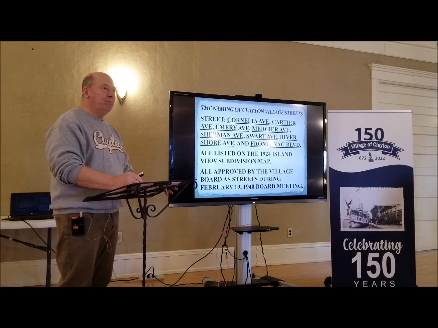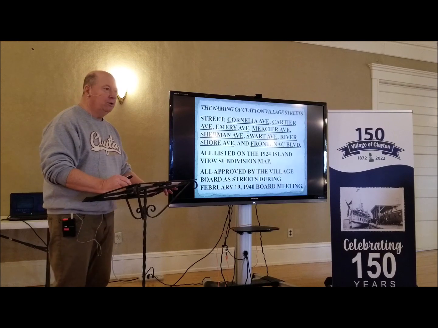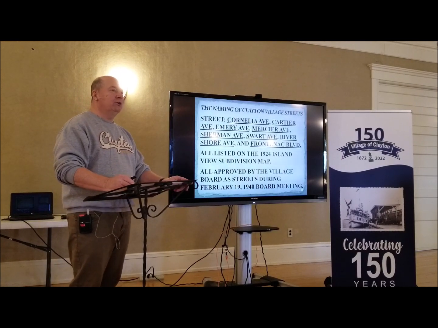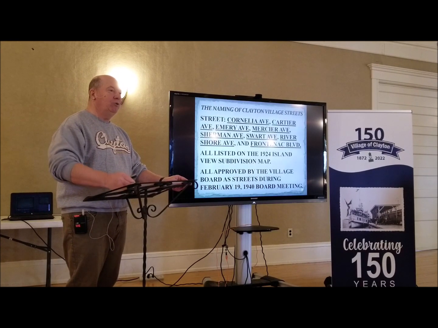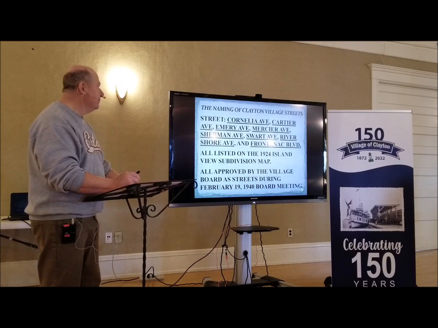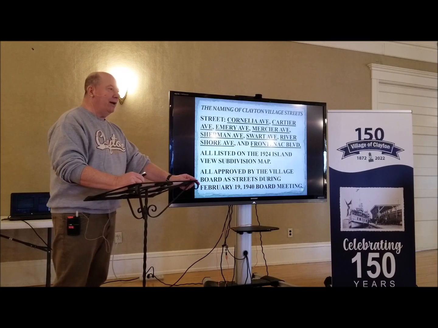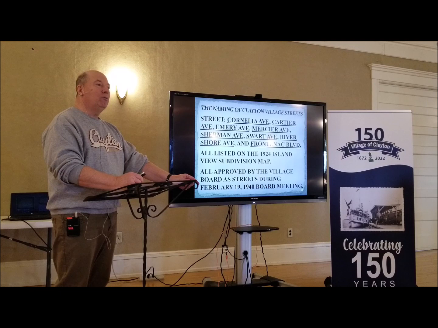Mercer, the Mercer boat building family. Okay, Sherman Avenue. George Sherman of the Sherman Paper Company out of Watertown, who owned most of that land at one point. Swart Avenue, after John Swart, who had a meat market right down on Water Street.